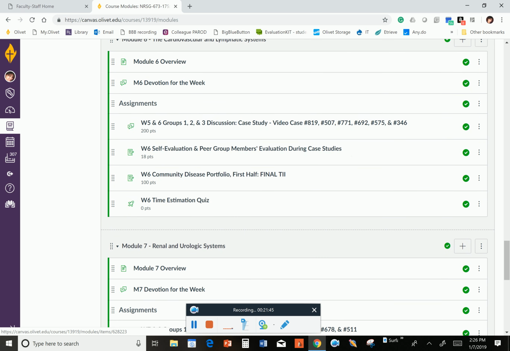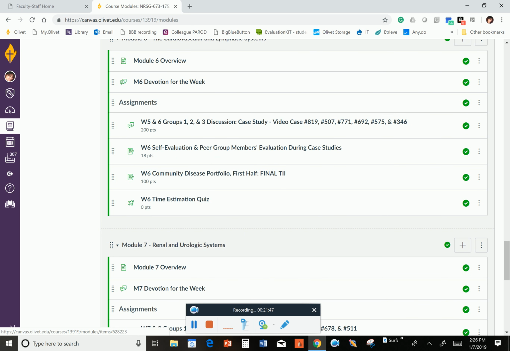And here we go. You'll also see the self-evaluation and peer group members' evaluation during case studies. You get 18 points for this, and it's incredibly important that you do so. Working in groups, you need to work together and cohesively. And if that's not occurring, I need to be notified. I want everybody to carry their weight.